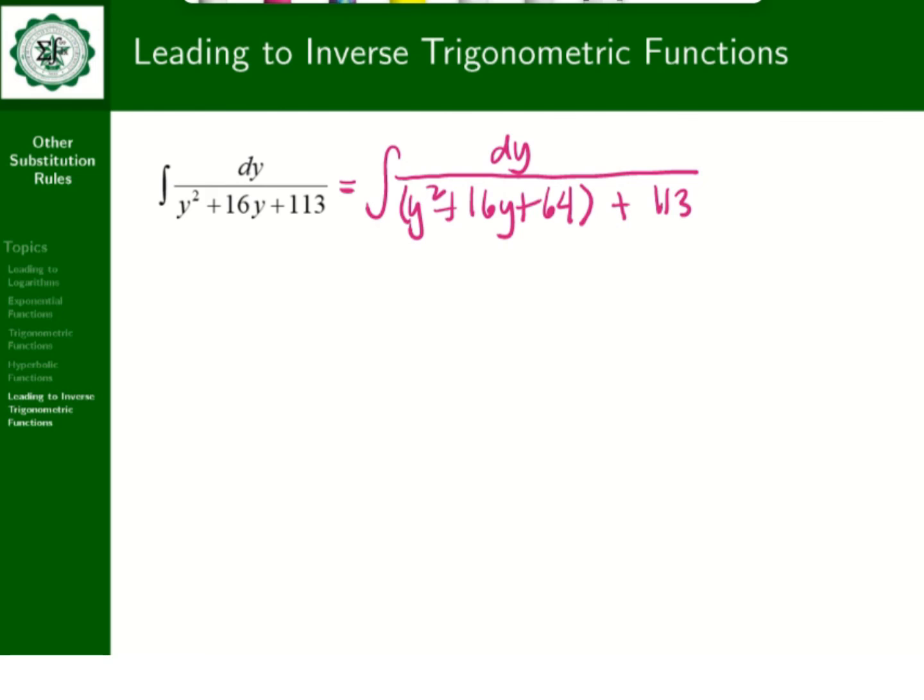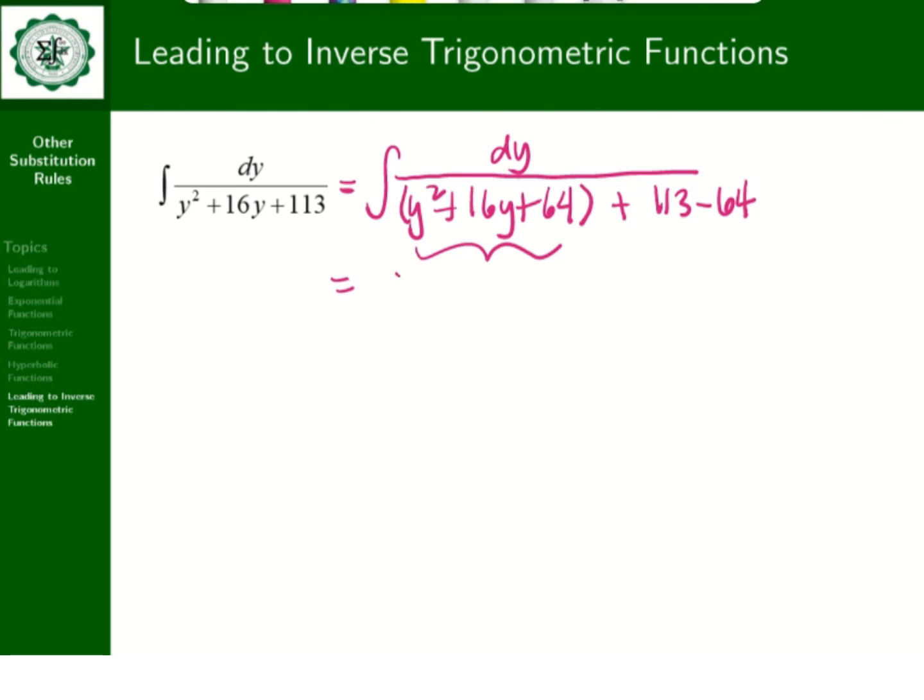So we now produce a perfect square trinomial. y squared plus 16y plus 64 is a perfect square trinomial. The number that we added to this expression, we shall subtract from the constant. So we added 64 to the first two terms, and then we subtract this from our constant 113.